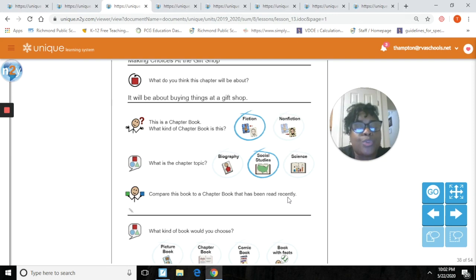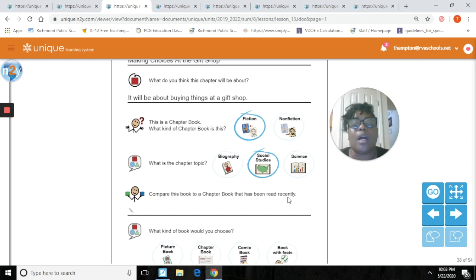And then you can take the time on your notebook paper or notepad or whatever you have that's handy, and think about a book that you've recently read. Okay. And then what you can possibly do is compare it to this book that we're going to read. Although we haven't read it, we have looked at the book cover.